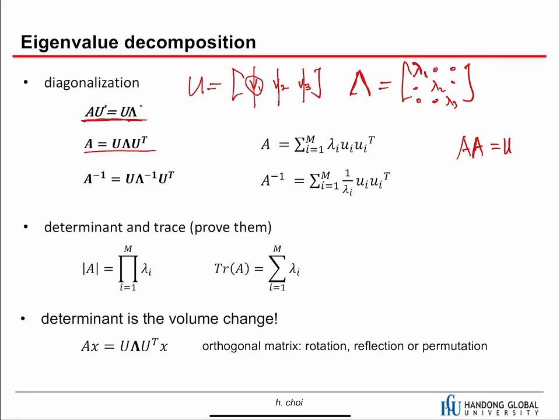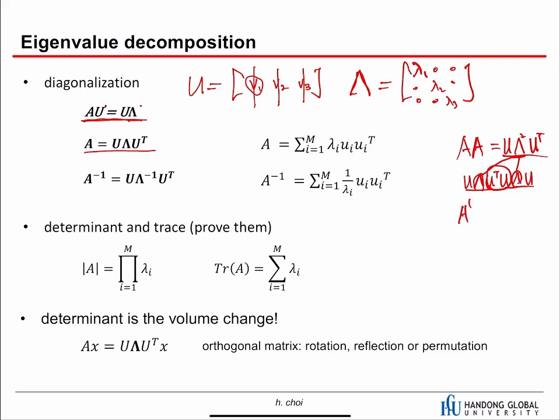It's U lambda squared U transpose. Why is that? A is U lambda U transpose, and the other A is U lambda U transpose. U transpose U is the identity matrix, and lambda is a diagonal matrix, so this one goes to this.